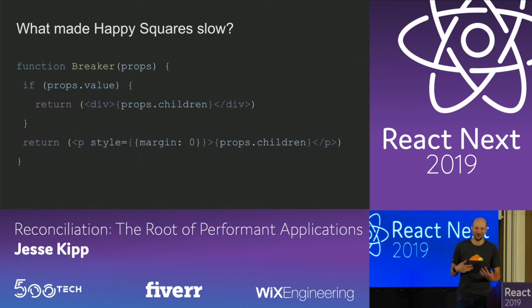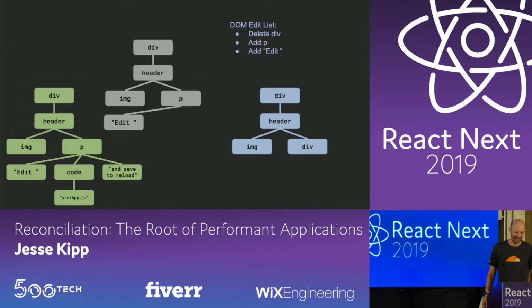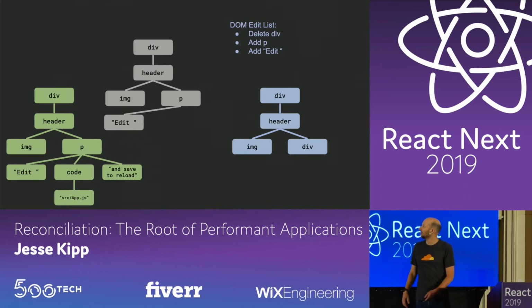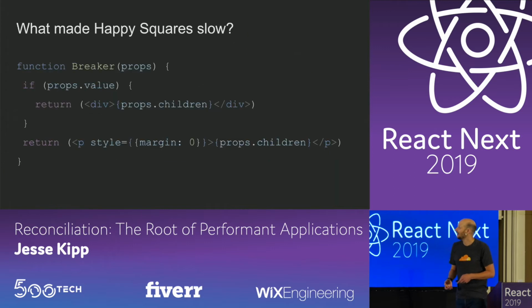And if the value is falsy, it puts them inside a p. So if we look at what happens in our reconciliation as it comes down, it says, oh, there used to be a div here, now we need a p. And I toggled the value of props.value every cycle of the game of life.